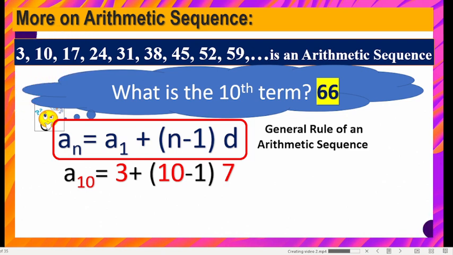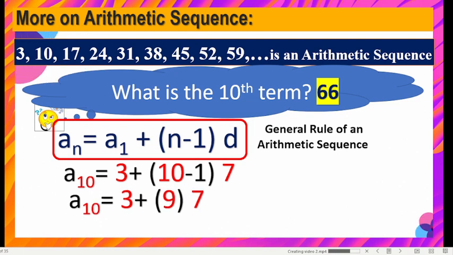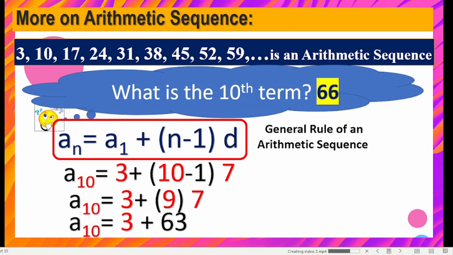Since we're looking for the 10th term, n is equal to 10, the common difference is 7, and the first term is 3. So 10 minus 1 is 9, times 7 is 63, plus 3 equals 66. Therefore, the 10th term of the given arithmetic sequence is 66.